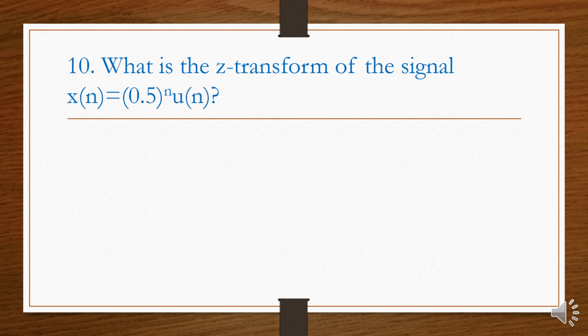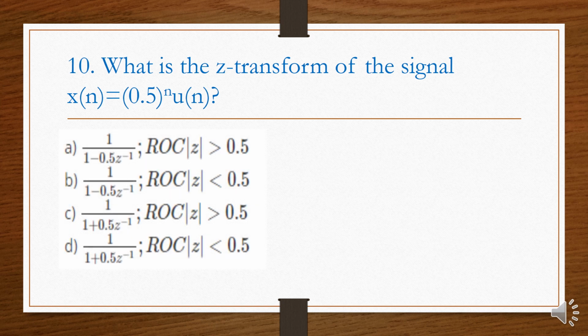Next question. What is the Z transform of the signal x of n is equal to 0.5 power n into u of n? So option A, 1 divided by 1 minus 0.5 z power minus 1, where the region of convergence is modulus of z greater than 0.5. Then 1 divided by 1 minus 0.5 z power minus 1, ROC is modulus of z less than 0.5. 1 divided by 1 plus 0.5 z power minus 1, ROC is modulus of z greater than 0.5.